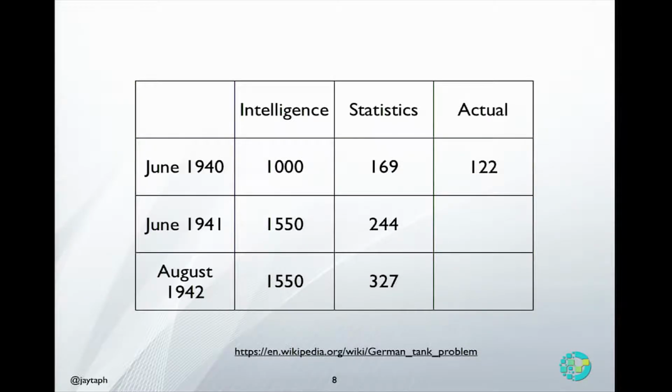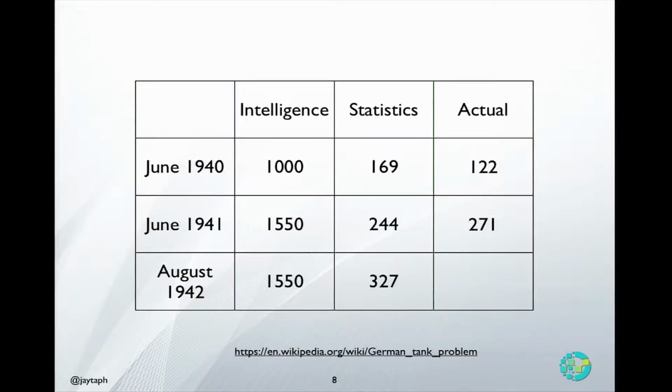One year later, 1941, they estimated 1,550. And statistics says, well, we saw more tanks, we saw different identifications, we estimate 244. In reality, there were 271. So that's pretty close by just filling in some numbers.